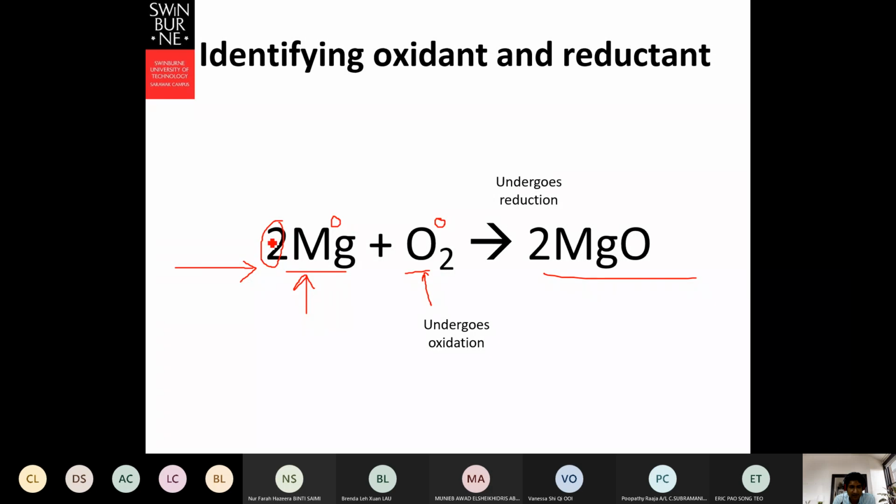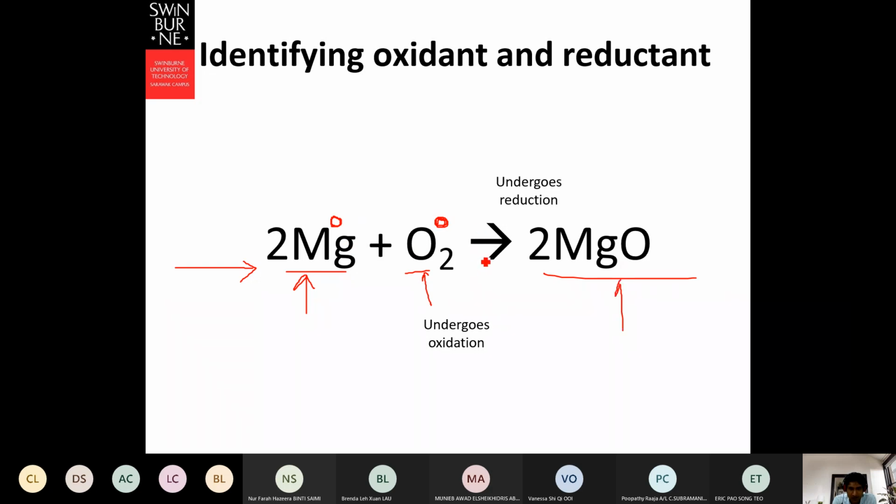It is still the free element, still in its free form. They are free, wandering, and have not yet undergone reaction. So magnesium is zero charge, not positive, and oxygen is also zero charge, not negative.